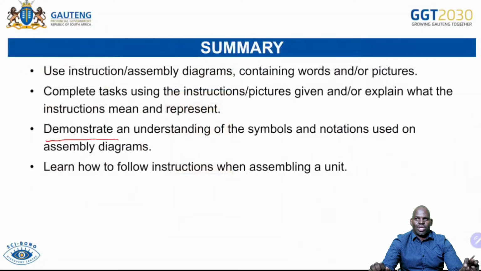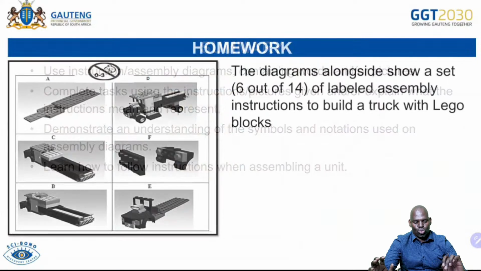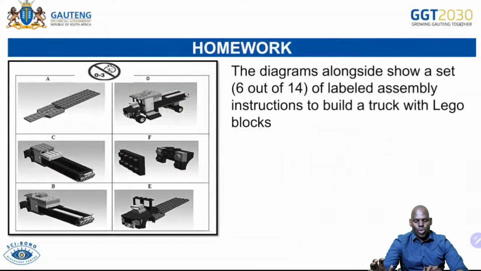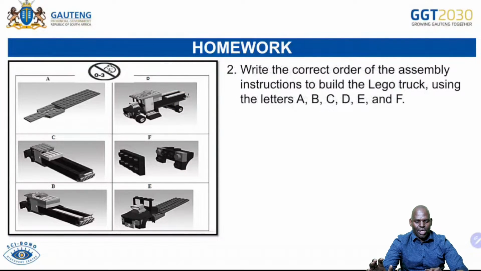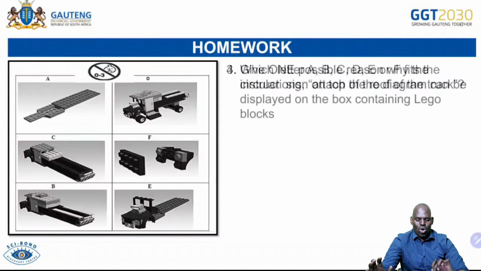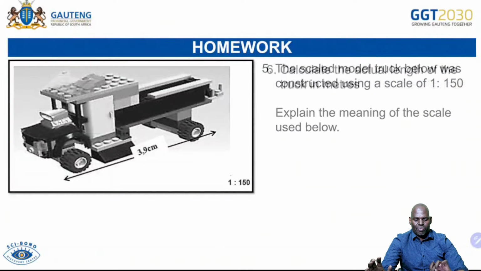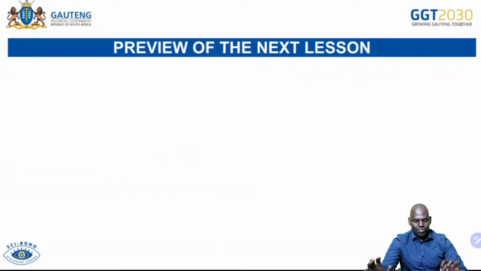Unfortunately, time is not on our side, and this will bring us to the end of today's lesson. We were supposed to do homework, but unfortunately we don't have enough time. But what I can indicate to you is, please remember to stay tuned for next week's lesson.